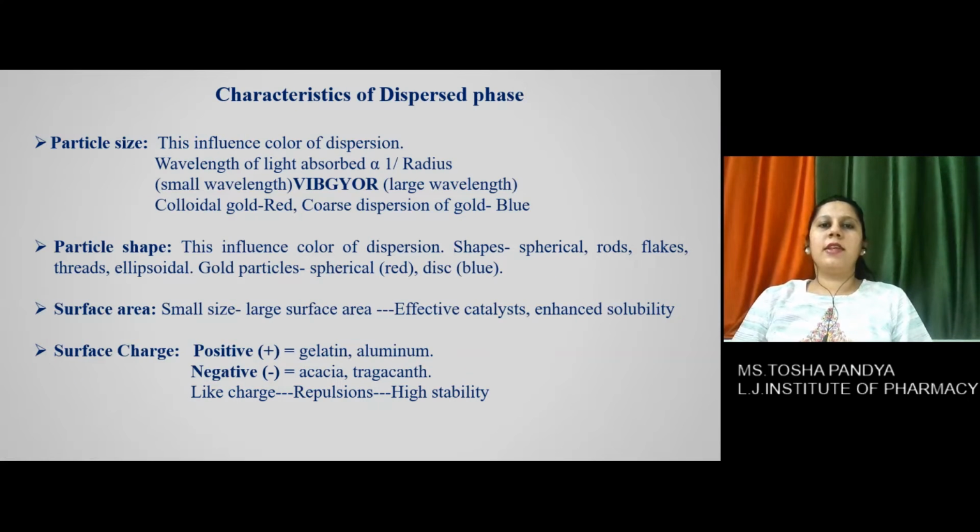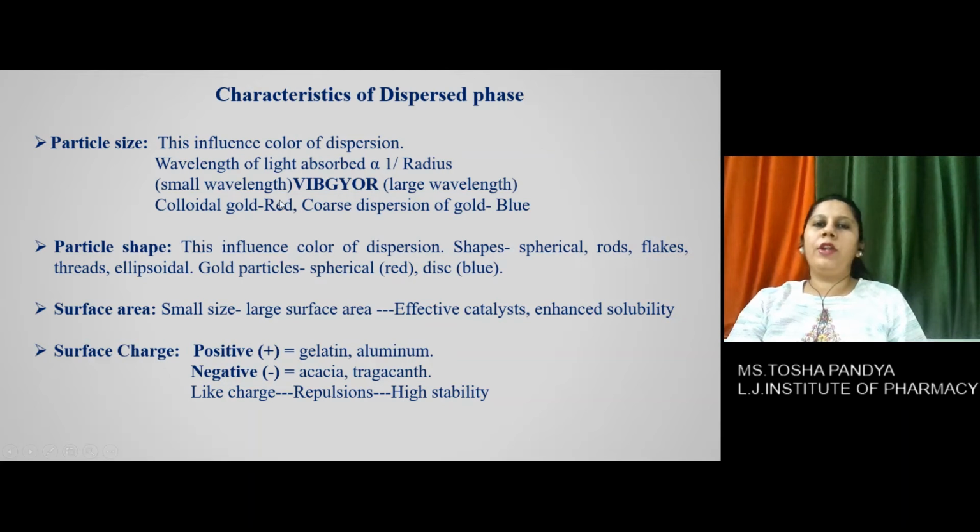Now the characteristics of the dispersed phase. Due to the small particle size, it will influence the color of the dispersion. The wavelength of the light absorbed is inversely proportional to the radius. It means the smaller the size, the higher the light absorbed in the larger wavelength range, whereas larger particles will absorb in a shorter wavelength range.